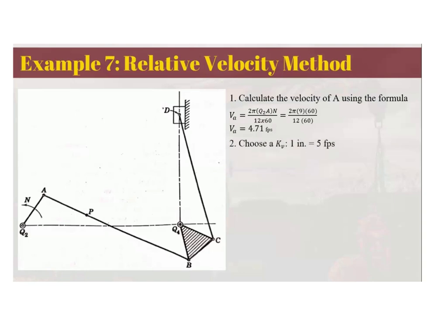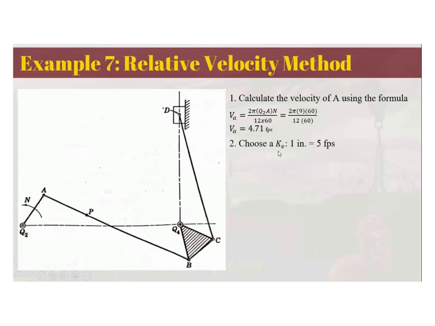The second step is to choose a velocity scale. For this problem, I decided to choose 1 inch in my drawing is 5 FPS. So all the lines in my drawing are velocities. This is only for velocities. You have a different scale for the length of the links, the space scale.